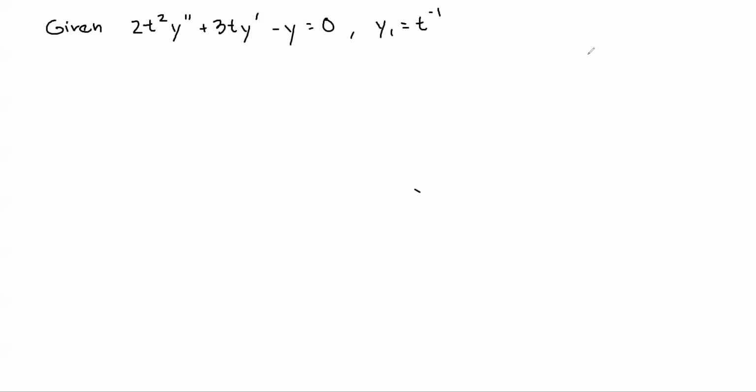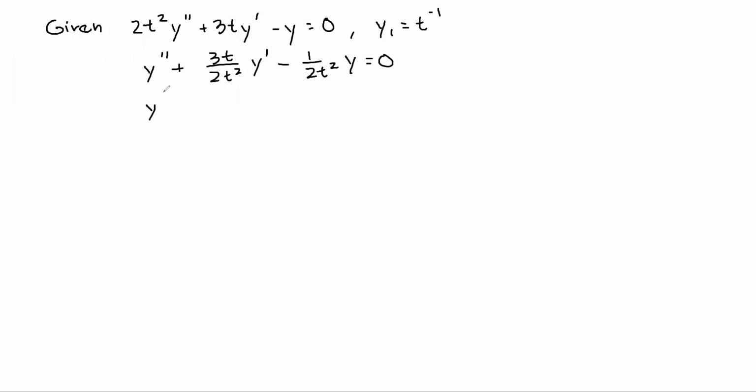Okay, so to do that, you need to get the coefficient on the y double prime to go away. So divide both sides by 2t squared. If we do that, we'll have y double prime plus 3t over 2t squared y prime minus 1 over 2t squared y equals 0.